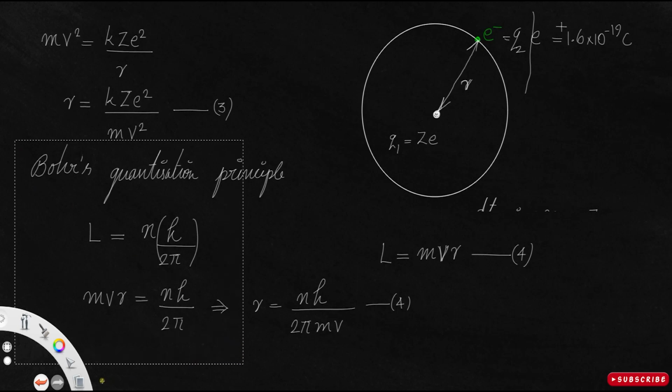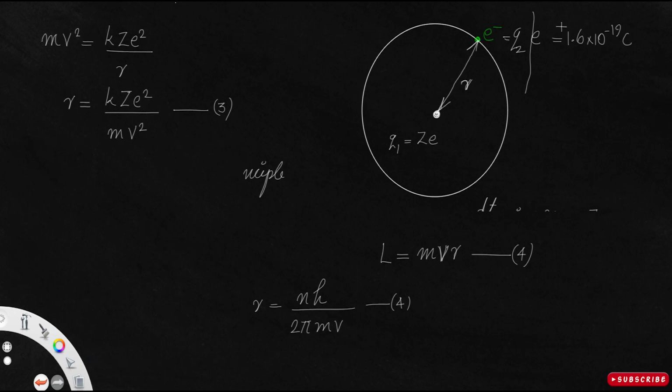That is, equation 3 equal to equation 4 means we have kz square divided by mv square must be equal to nh by 2 pi mv. Here you can cancel a v here and one of the v's from here.